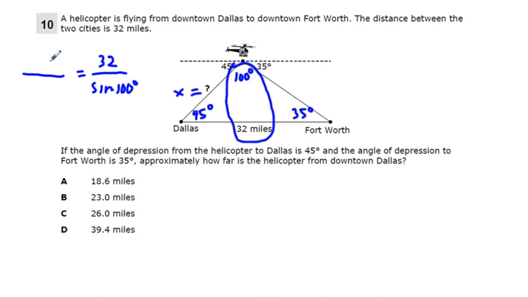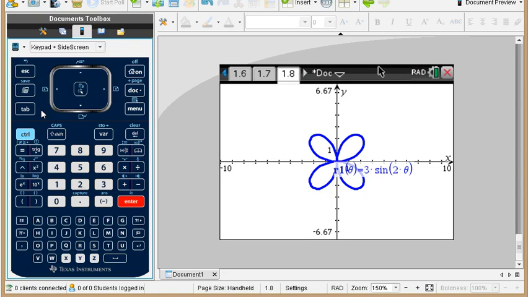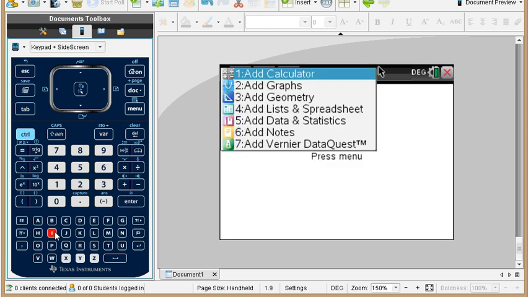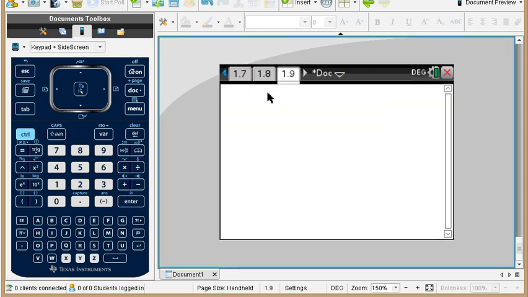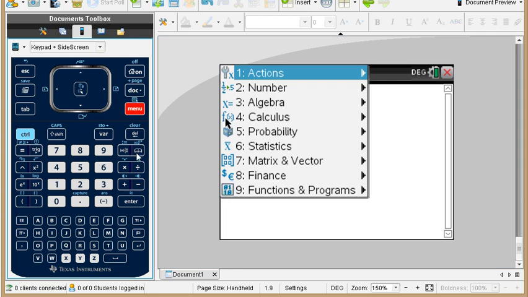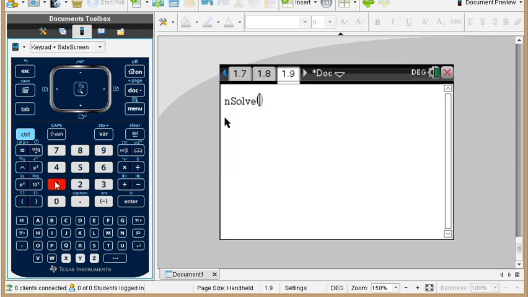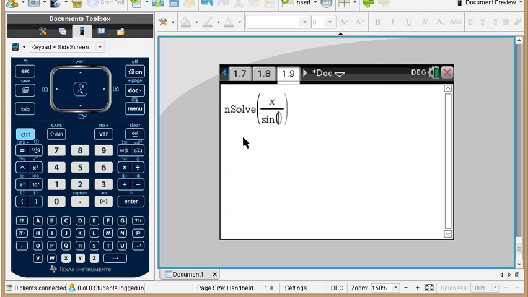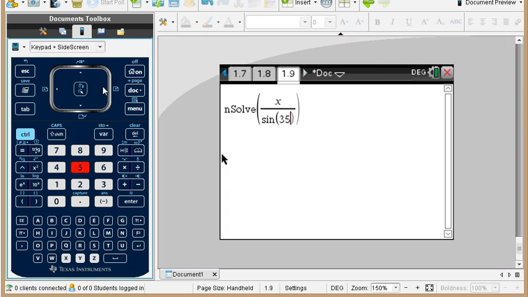We can just go to our calculator now and get a calculator page. We'll do the numerical solve. We're going to say x over sine 35 degrees equals 32 over sine 100 degrees.